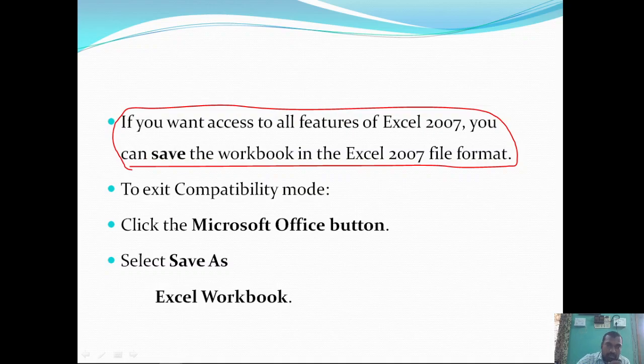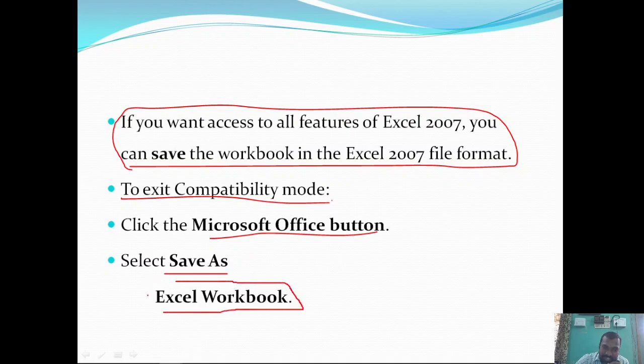Okay, now let us discuss another topic. To exit the compatibility mode, what you need to do? Go to the Microsoft Office button, click on that Microsoft Office button with the help of the mouse left button, then choose the Save As command, then choose Excel Workbook.